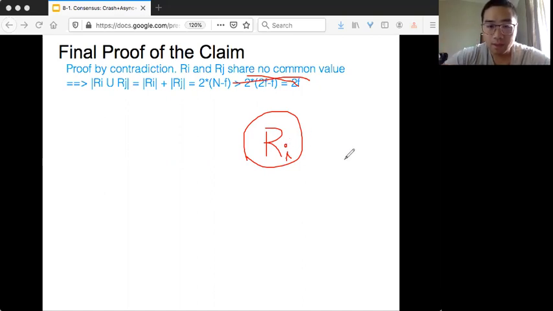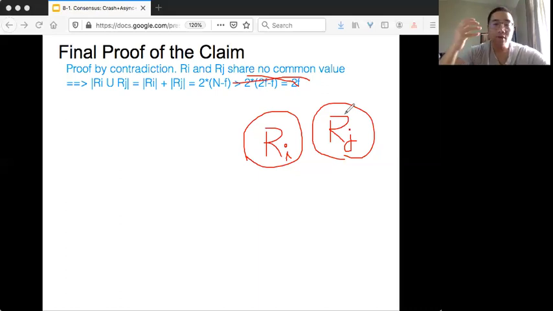And then we also have Rj, meaning all the nodes that have sent a message to j, and j has received those and used them to update its state value. Remember, we start with the assumption that these two sets share no common value, so we have two sets that we know. Now the question is, how do we bound the size of these two circles?